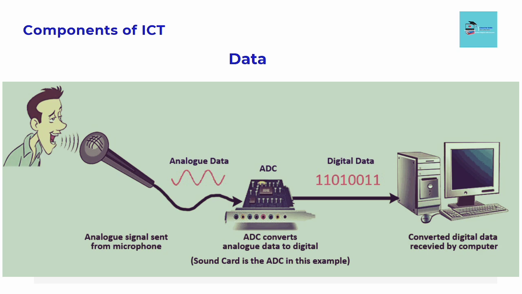Digital data is a kind of data that does not vary continuously and is discrete. The possible values or states of digital data are only 0 or 1, on or off, and true or false.